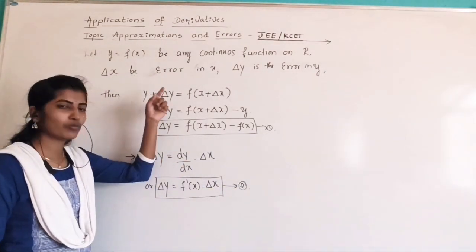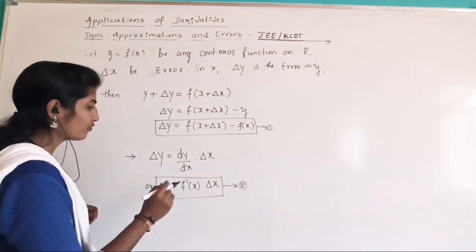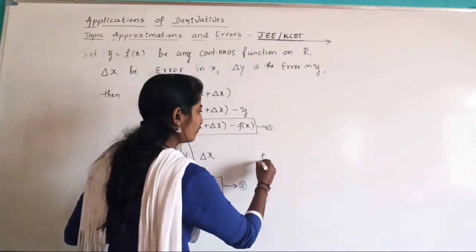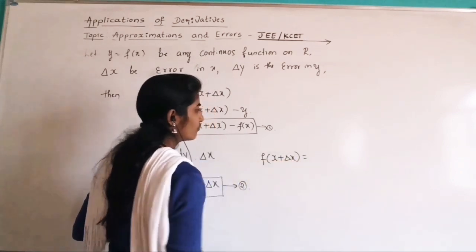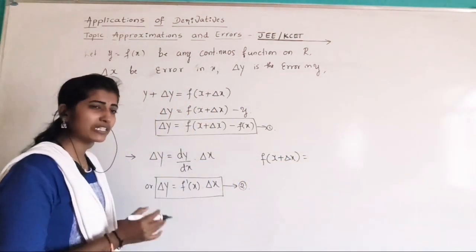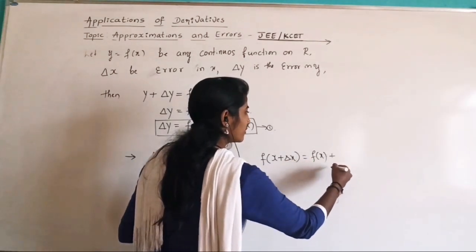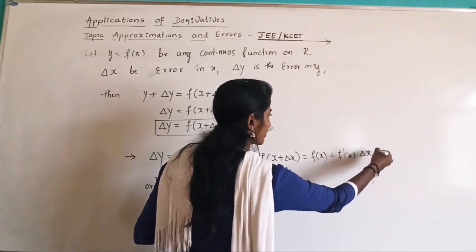Already you have studied about all these things in your theoretical part. Okay. Now, and of course one more equation you need to remember, that is f of x plus delta x. F of x plus delta x can be given by f of x plus f dash of x into delta x.